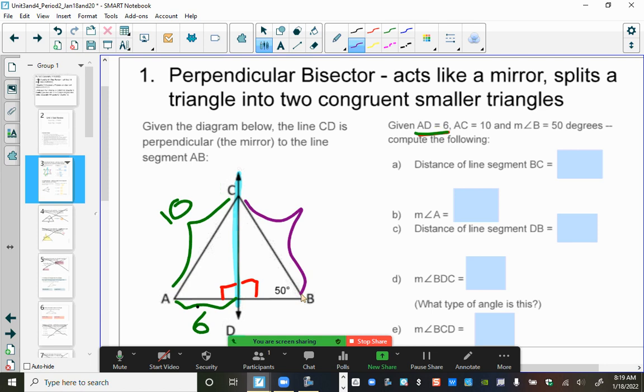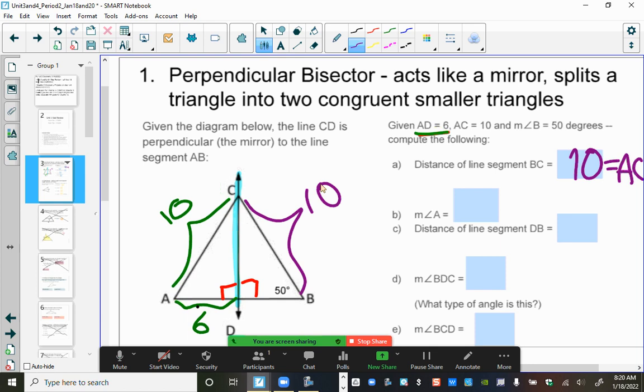Look where your mirror is located. AC. Very good. So BC and AC are going to equal each other. Now, do we know what AC is? 10. So if AC is 10, then BC must also be 10. So BC is 10, just like AC.